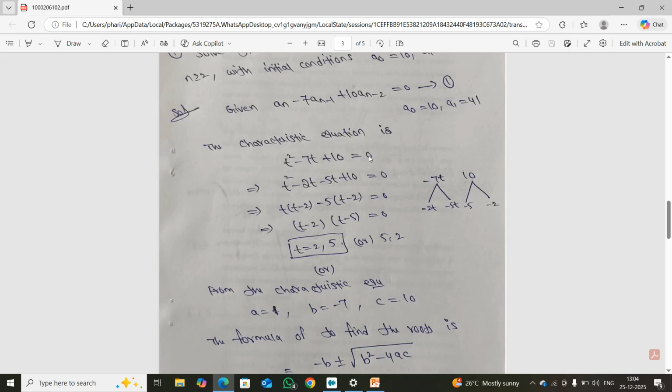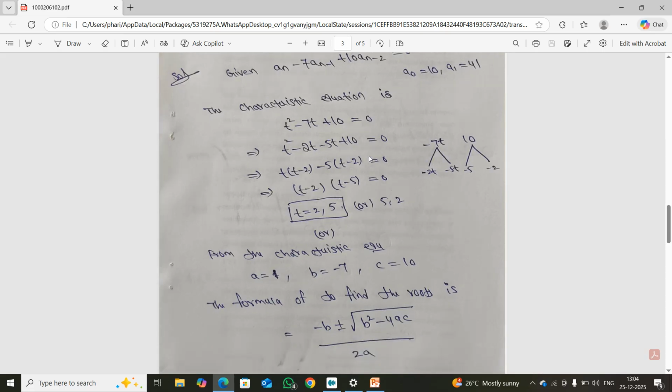Now we find the roots of the given characteristic equation. There are two methods to find the roots. The first method is factoring: compare minus 7t and plus 10. What are the factors of 10 that add to minus 7?